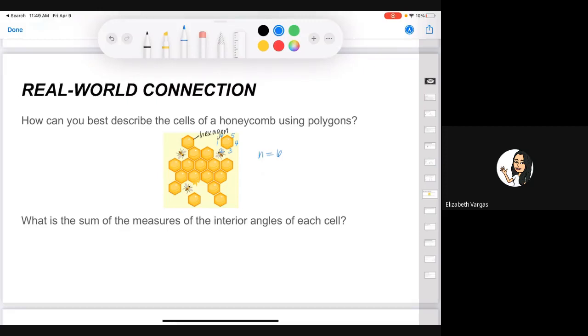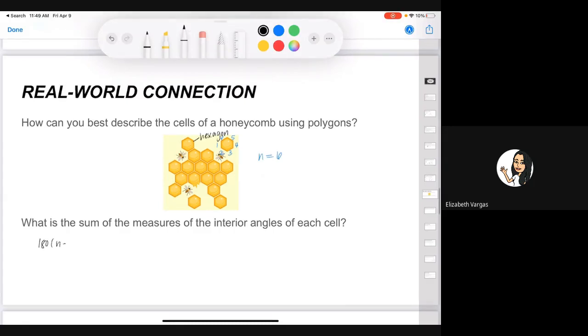So am I able to solve for the sum of the interior angles of each of those cells in the honeycomb? Well, yes, I am. I'll take 180 times n minus 2. n is 6. 180 times 4 is 720. And actually, a honeycomb is a regular polygon.